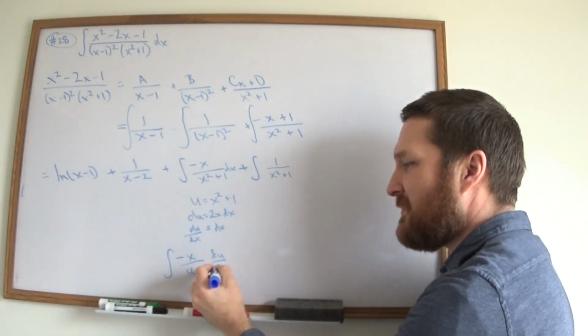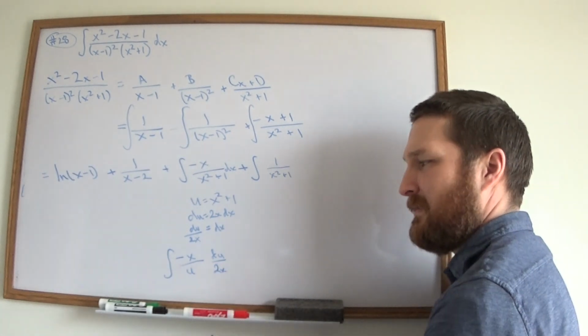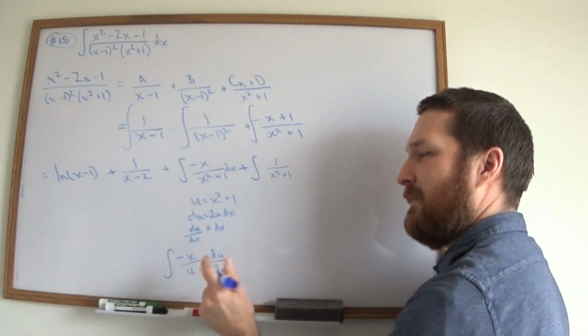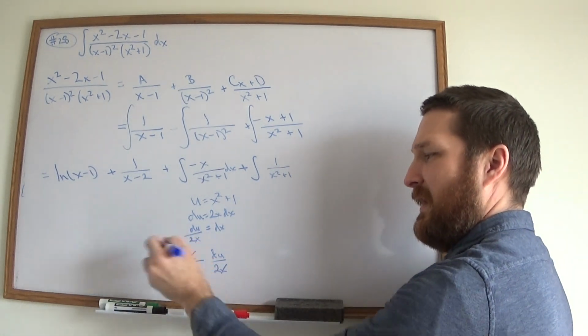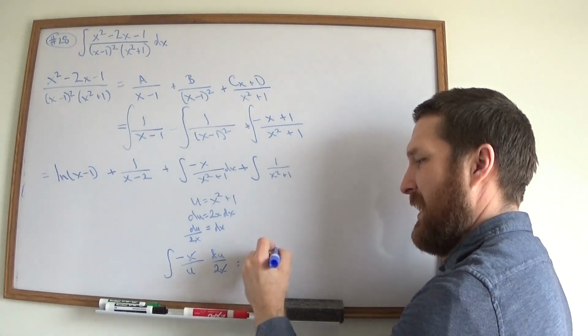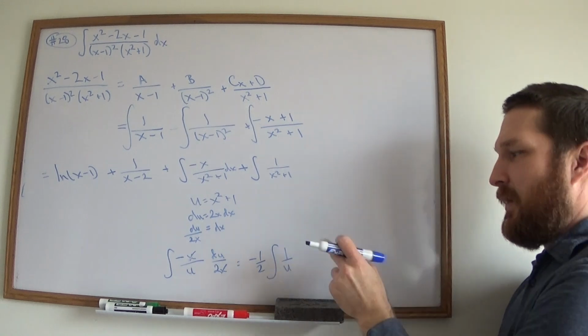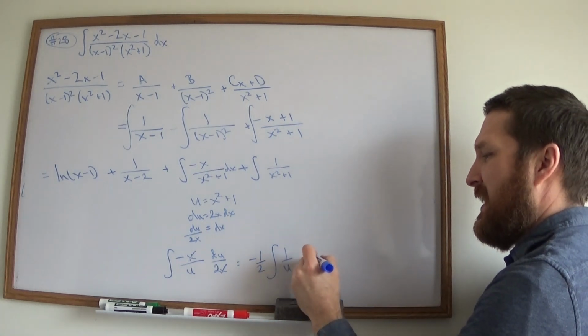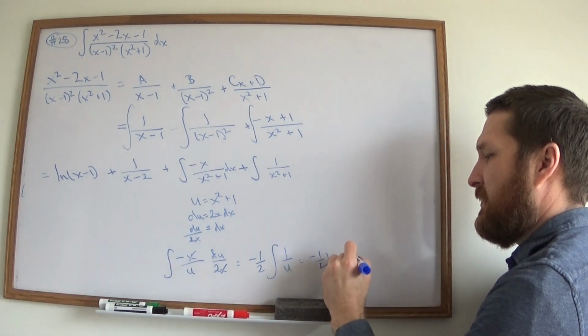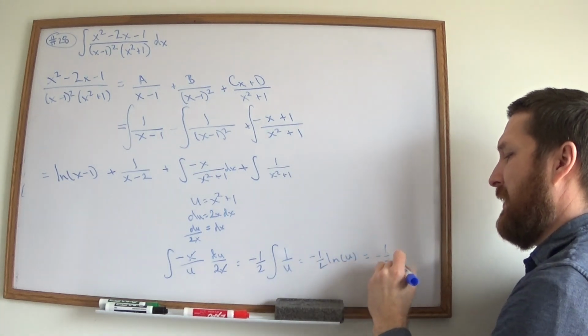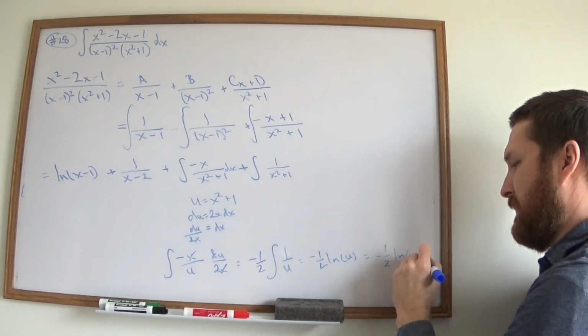And I still have an x. So the negative comes out, the x's cancel, and I could rewrite that as negative 1/2 integral of 1 over u, like that. So that's negative 1/2 log u, which is negative 1/2 log of x squared plus 1.